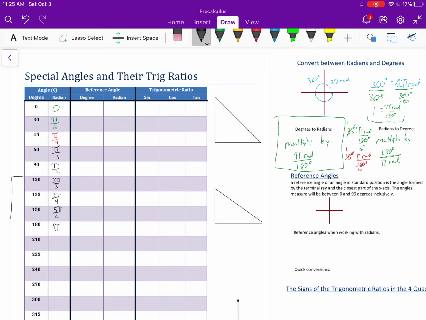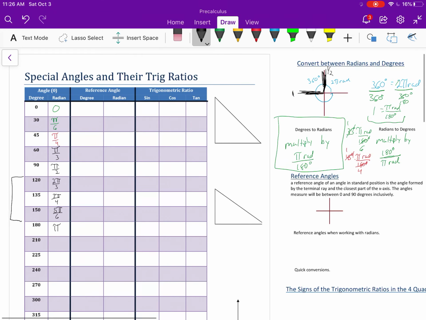These angles right here lie in between pi over 2 and pi. Those fractions, if you kind of disregard the pi, because we can think of this as half and this is 1, 2/3, 3/4, and 5/6 are in between half and 1. So we know those things are in the second quadrant.